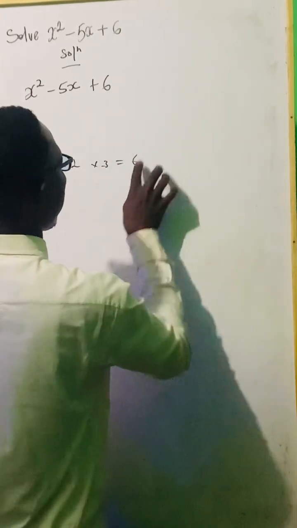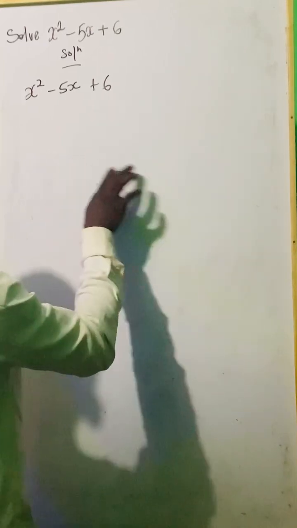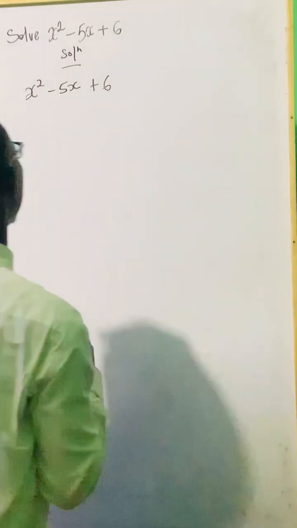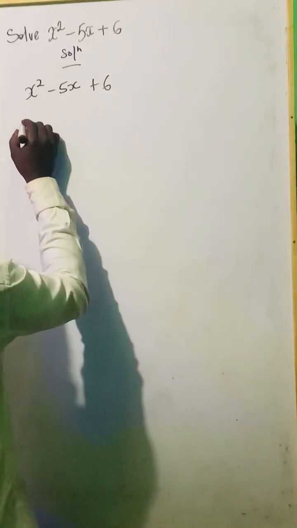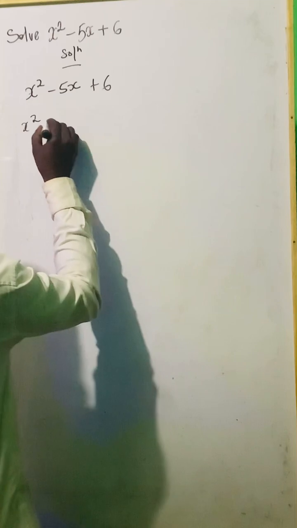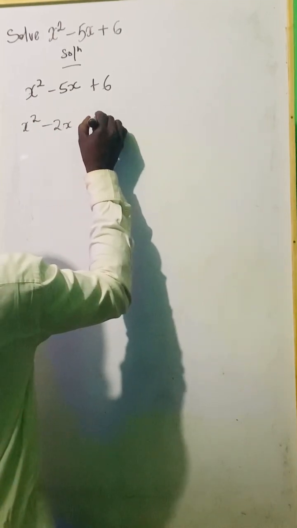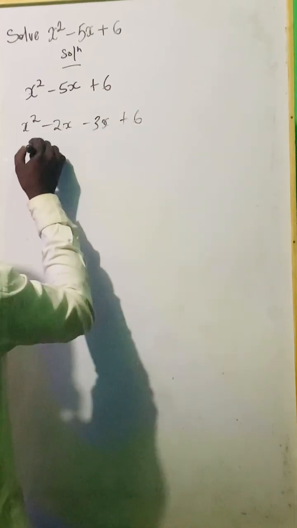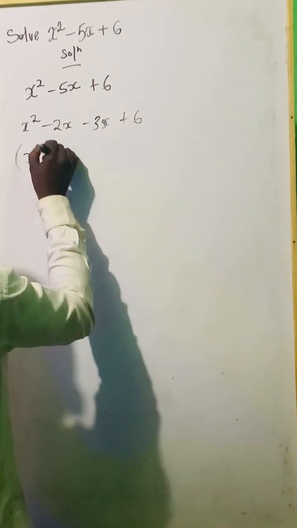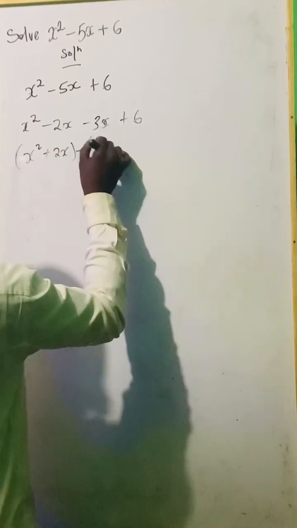All right, shall we continue? We are going to use -2 and -3. So we have x squared minus 2x minus 3x plus 6.